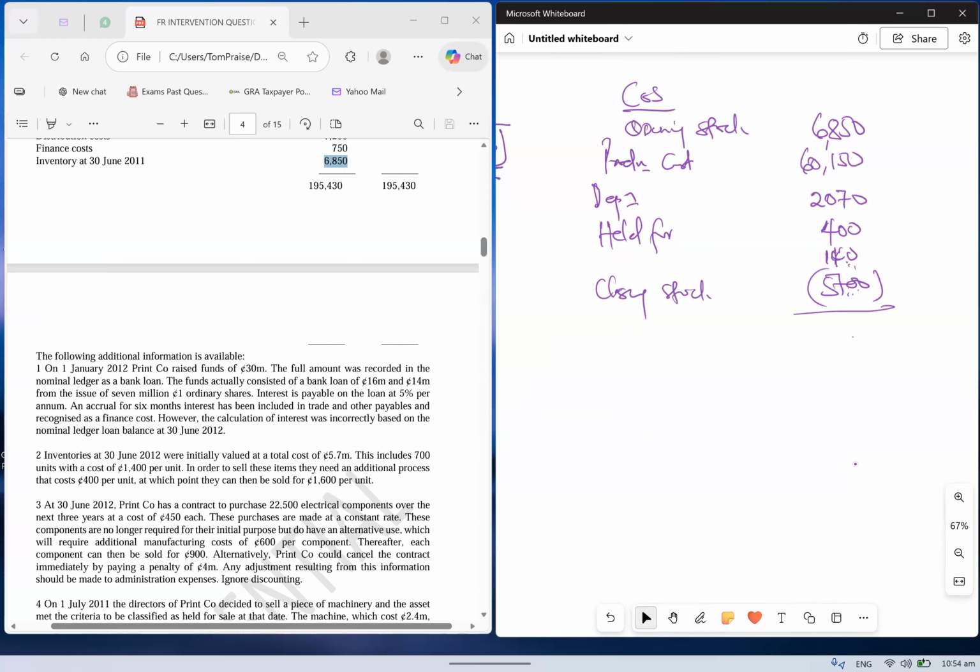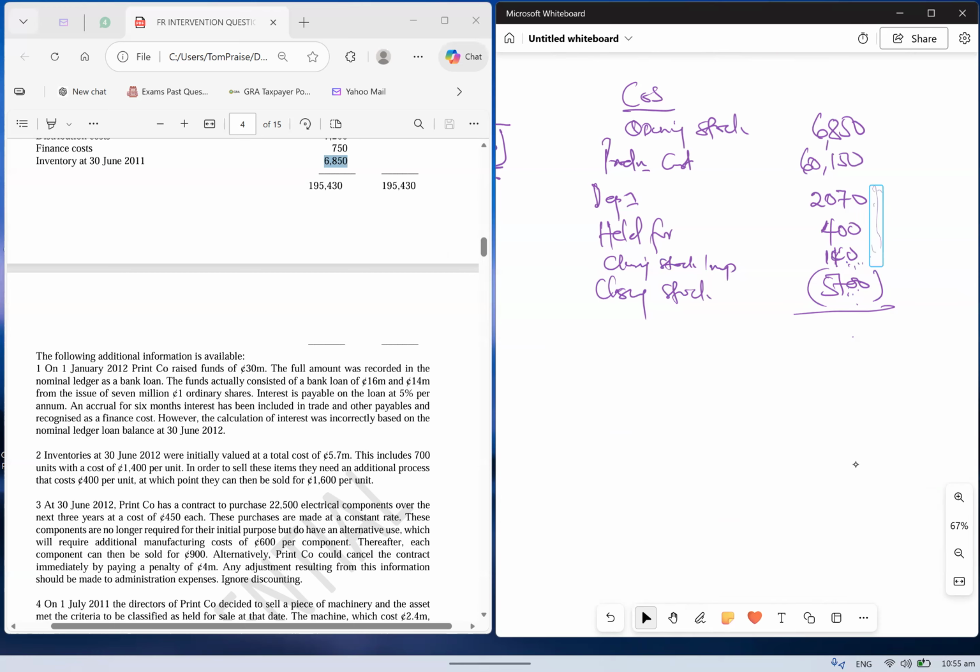So what is the closing stock? So closing stock impairment, these two. So what will be your closing stock? Sometimes the examiner will give you the cost of sales, so all you need to do is to be adding these impairment adjustments.